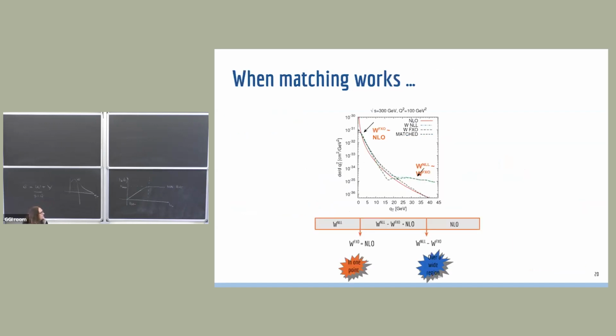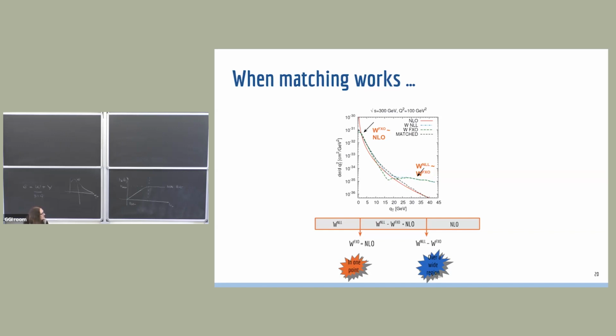Okay, so this is a picture in which the matching works, and this is something that Andrea will actually help you to see explicitly. You expect that your next-to-leading order fixed order computation works in the region of large Qt. You expect that the W term computed at next-to-leading log, for example, works well at small Qt, right?